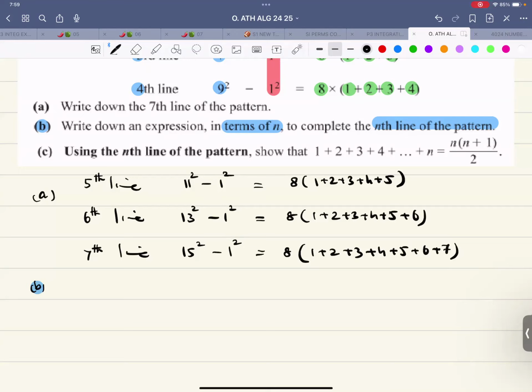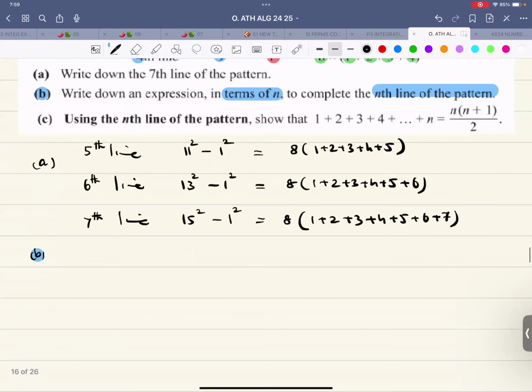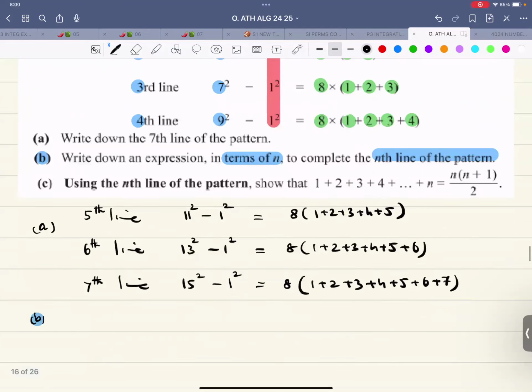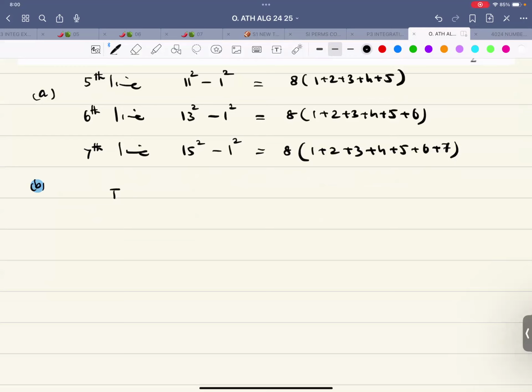Now it says to write down an expression in terms of n. So first part is done, part B. So I'm focusing on 3, 5, 7, 9. So T1 and then T2. So let me just write 3, 5, 7, 9, and so on.